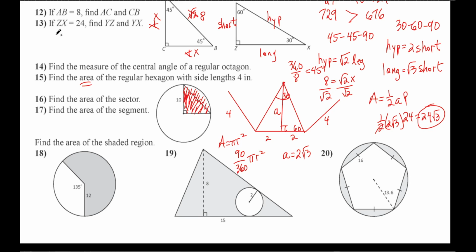What about the segment? What's the segment? Let's do this in a different color. So all of this. Okay. So how do I find all that blue stuff? Exactly right.